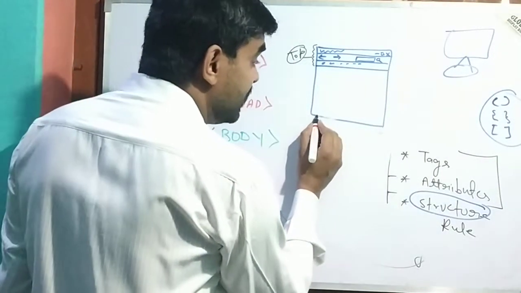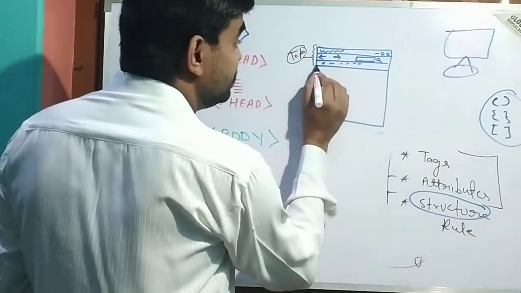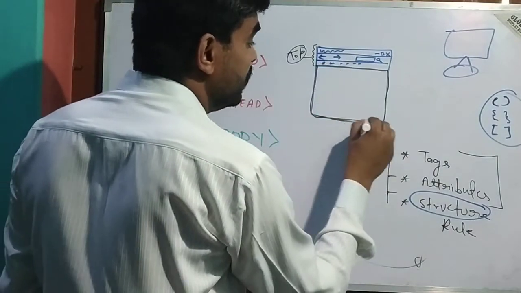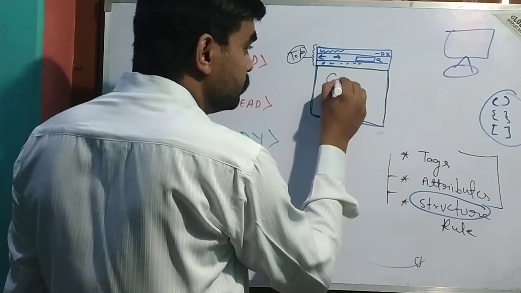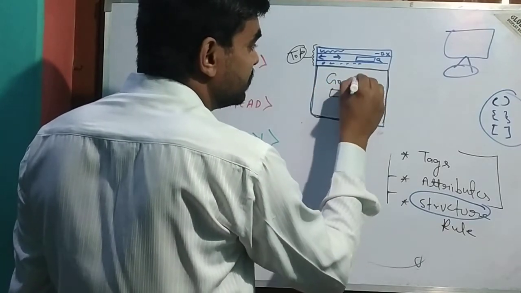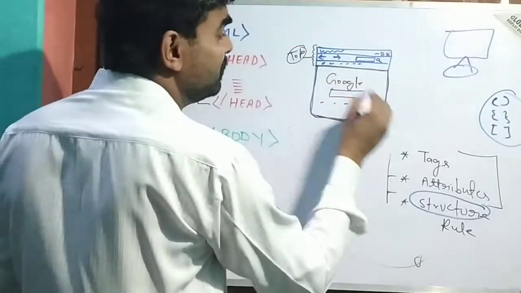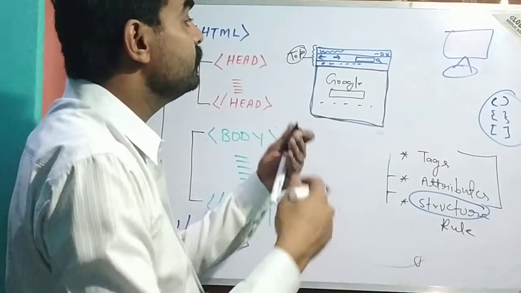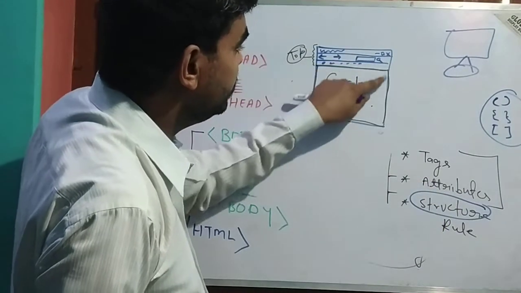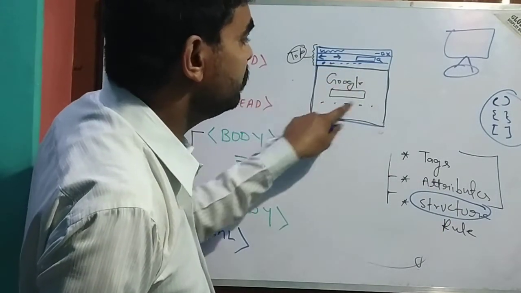Only changes are available in this segment. In this segment, suppose you have opened the Google page, Google will display the search box and all the contents here. Suppose you are going to use YouTube, this thing will be the same. The YouTube appearance will be displayed.